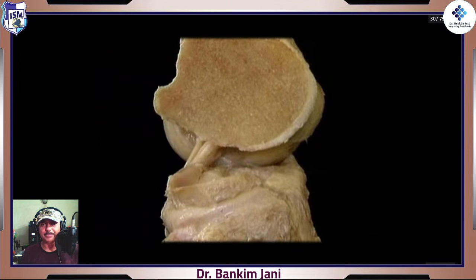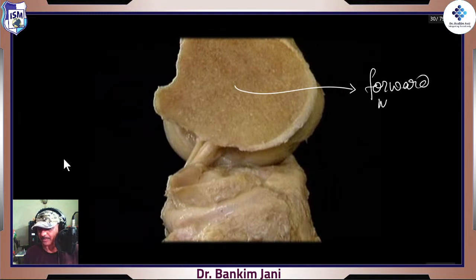So what would be the purpose of the posterior cruciate, right? Same logic. The way the anterior cruciate was preventing the backward movement of the femur, now this femur is very notorious, right? So it'll say, let's try this, the forward movement of the femur.